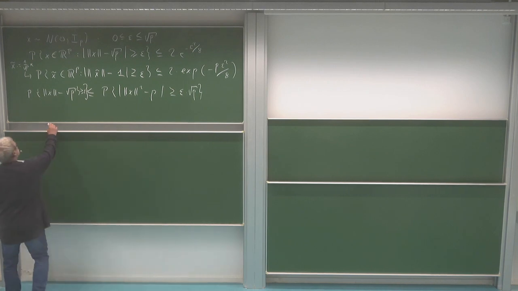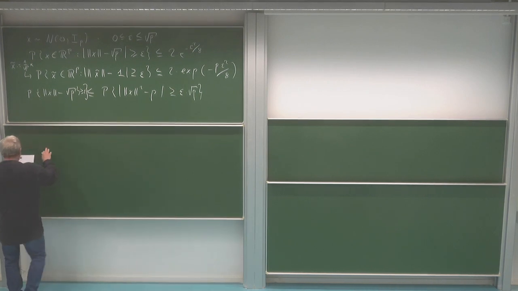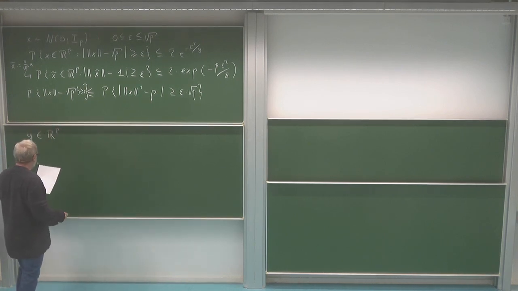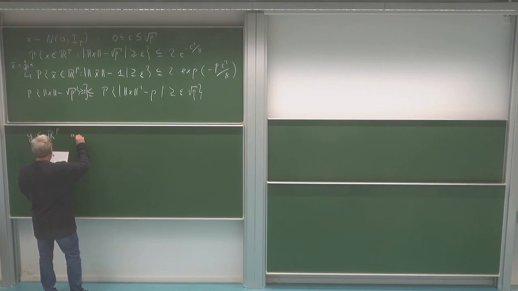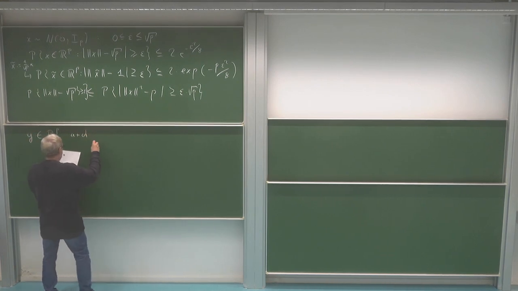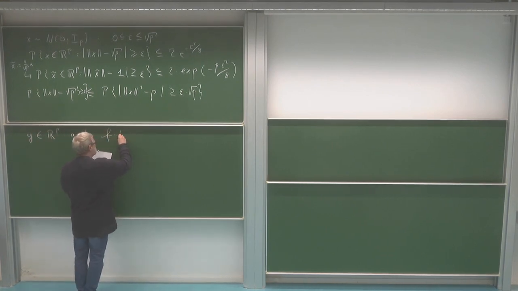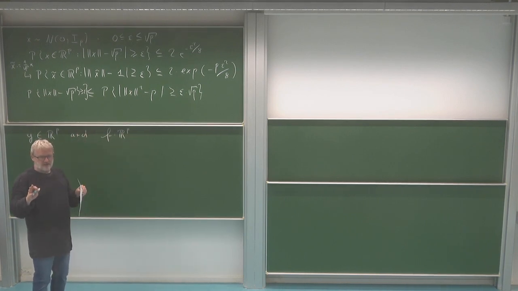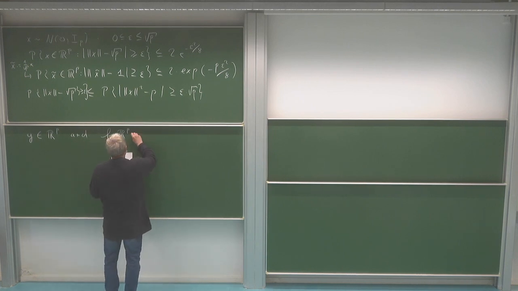Okay, so the setting is still a general setting where I call the vector y. Let's say y is my random vector in R^p. And I have a function of this vector, which of course later on will be a linear function, but still we can do it more generally.